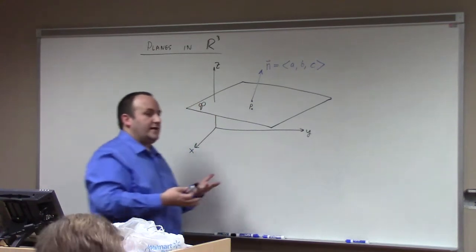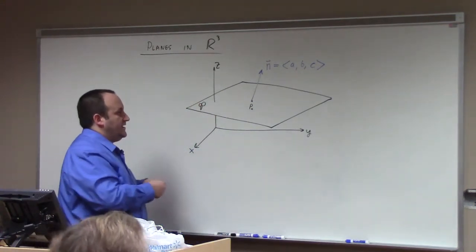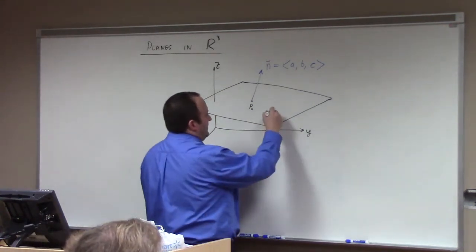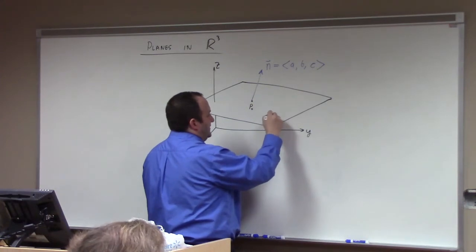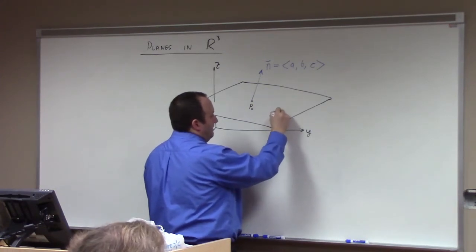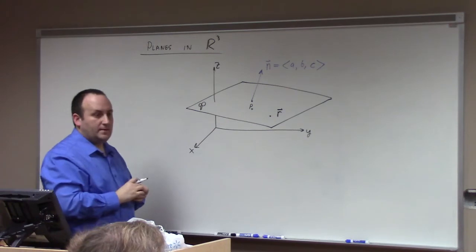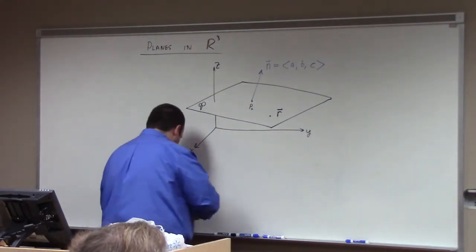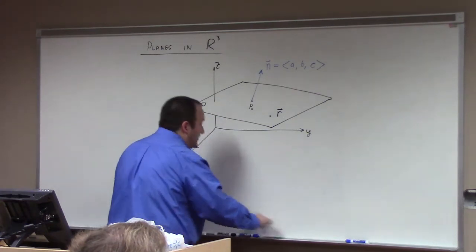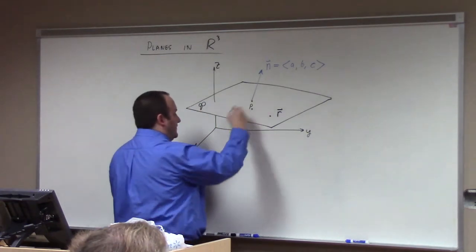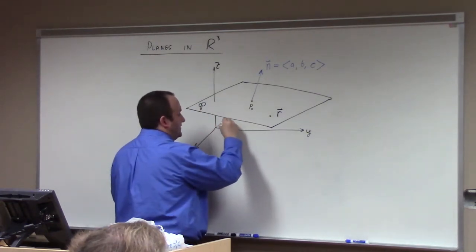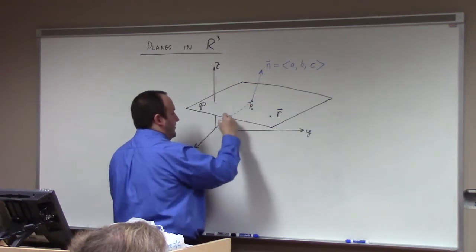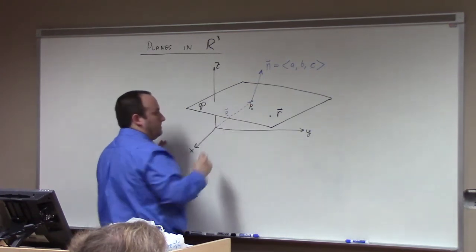So we'd like to describe, if we take a point on this plane, let's say that point is R. This point P naught, if we draw the vector from the origin, which gets to there, that would be the P naught vector, right?